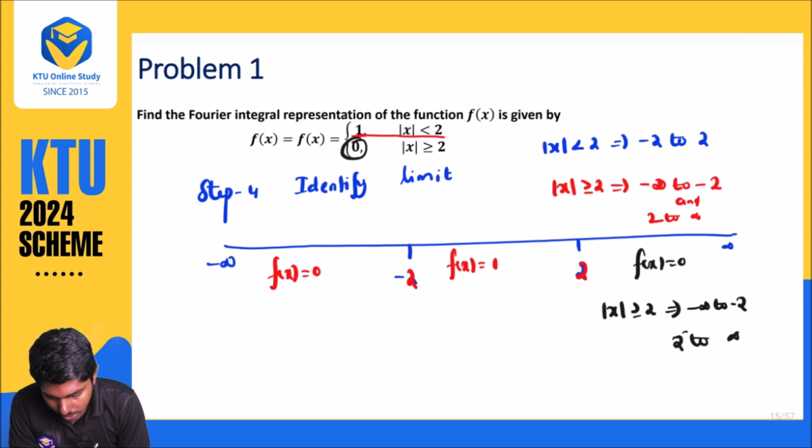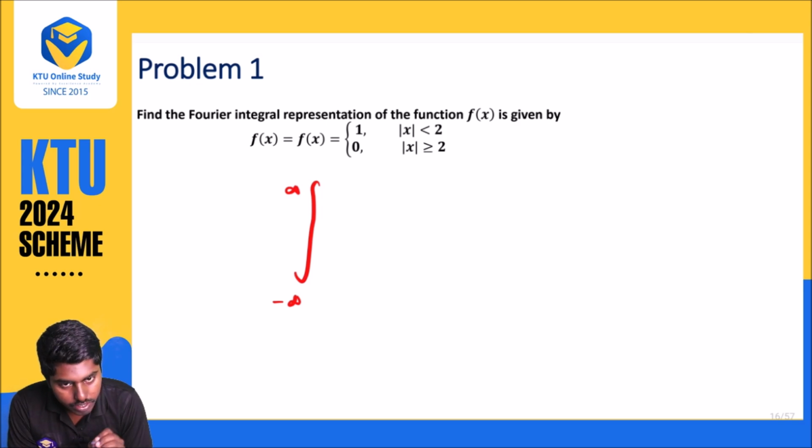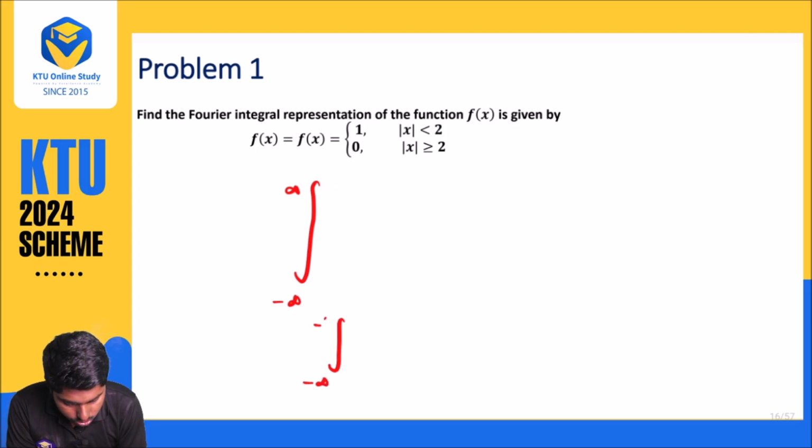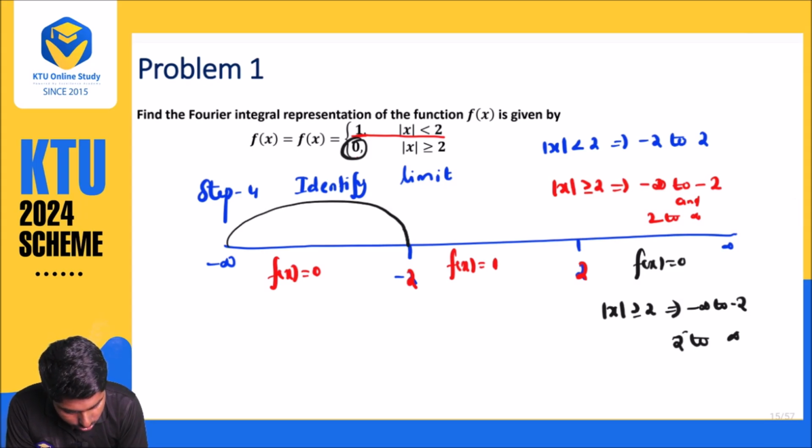How will we write the limit? It is from minus infinity to infinity. When you write it, start from minus infinity to minus 2, plus minus 2 to 2, plus 2 to infinity.